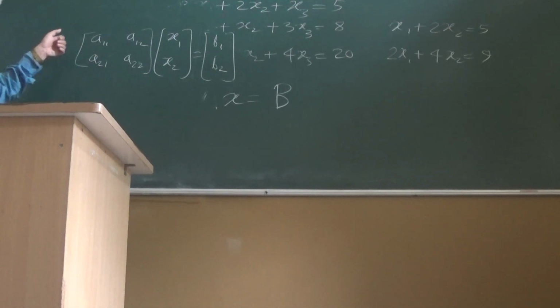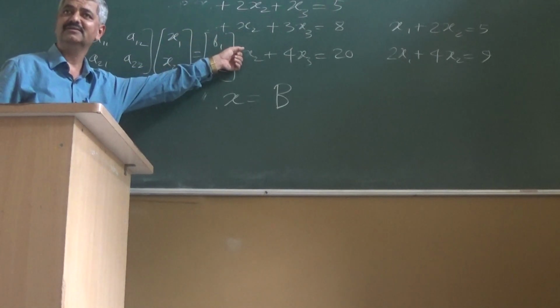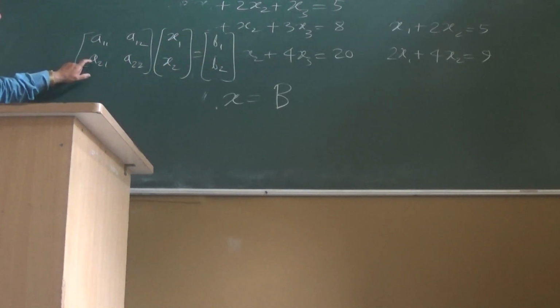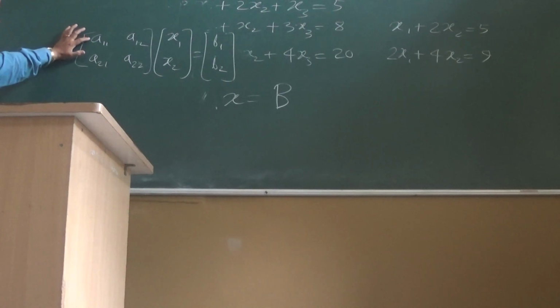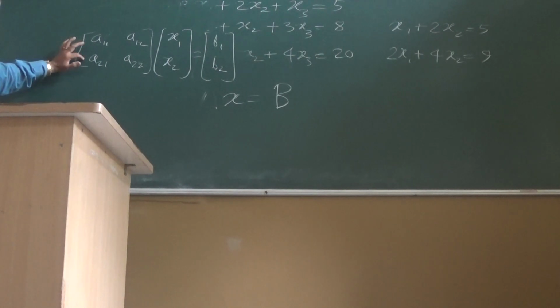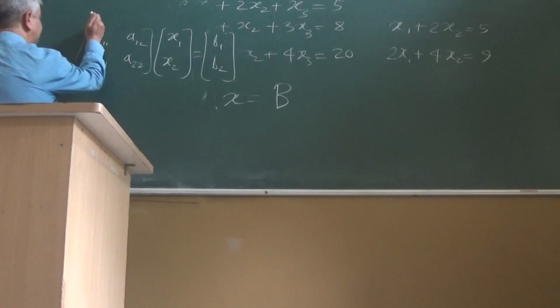R2 minus something into R1, where A11 times something should be equal to A21, such that the resultant becomes 0. So rather than this variable form, we can make it like this.